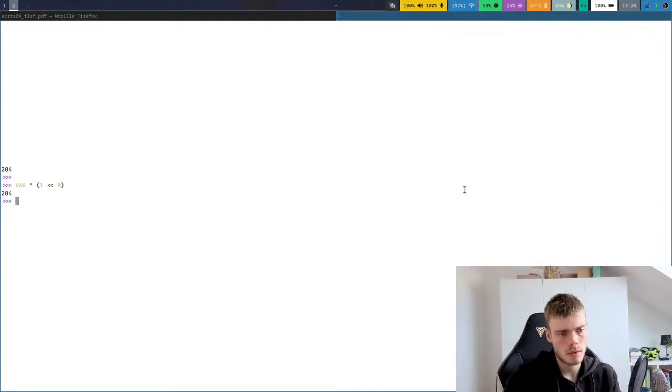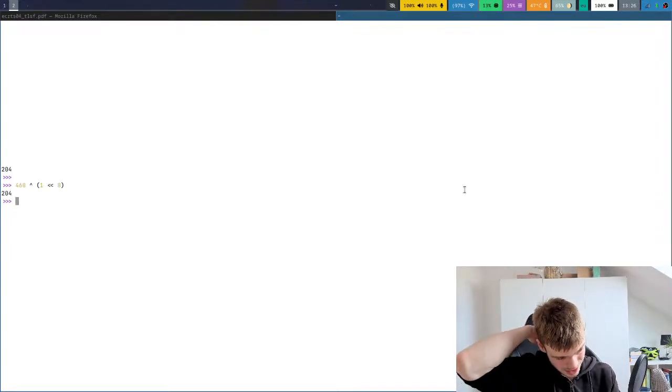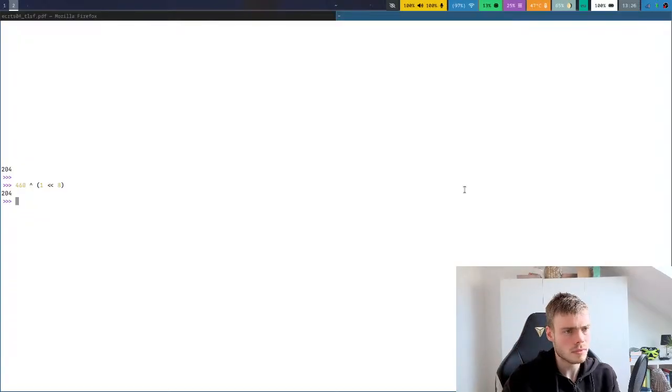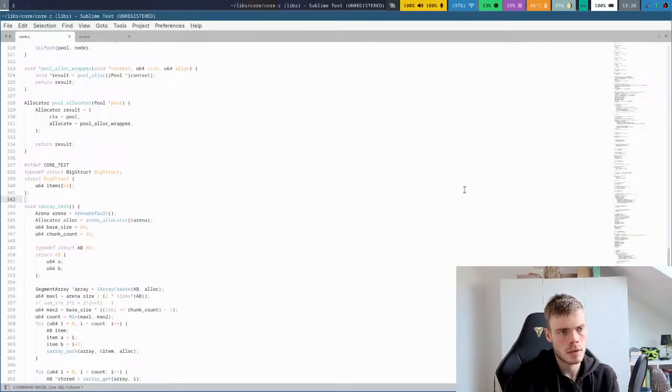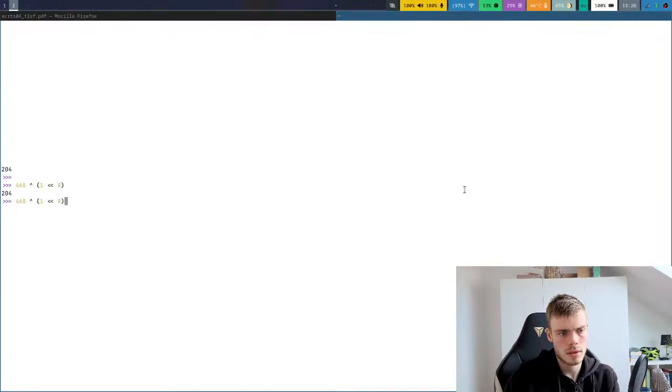So an XOR, this is interesting. An XOR with this is the same as a subtraction. Why is that? So that's one shifted right to the 8. This is 0. Okay, sure. That does make sense.